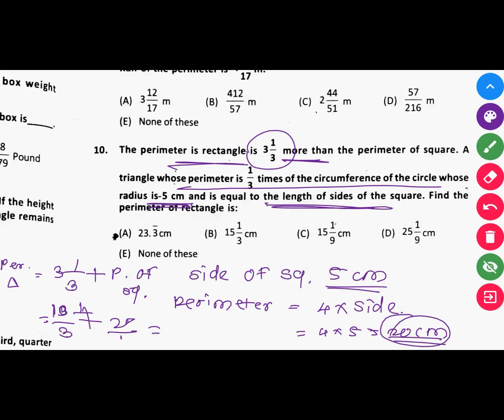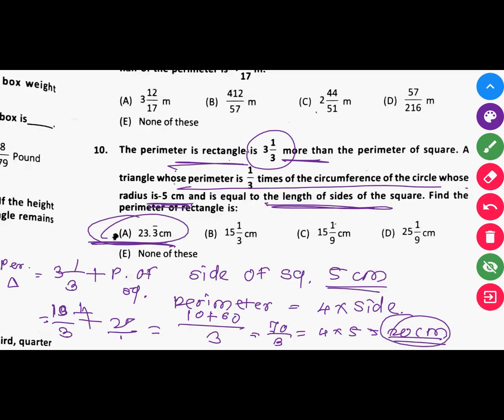Now simplify it. To make the denominator common, multiply numerator and denominator with 3. So it is 10 plus 60, that is 70 upon 3, and divide 70 by 3, you got the answer 23.3 centimeter.